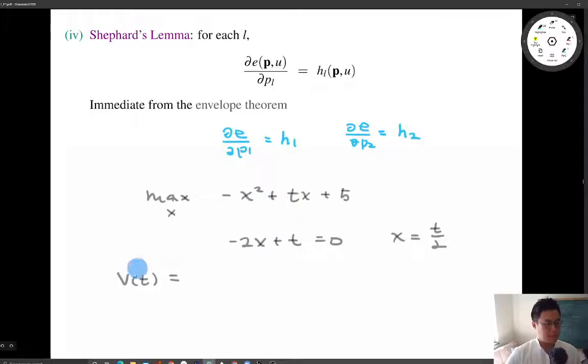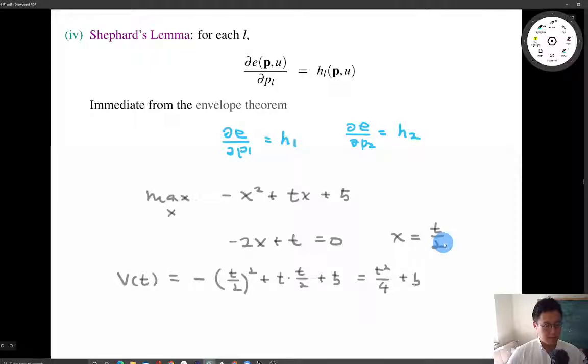The maximum value we can obtain from substitution is going to be minus (t over 2) squared plus t times t over 2 plus 5, so it's going to be t squared over 4 plus 5.